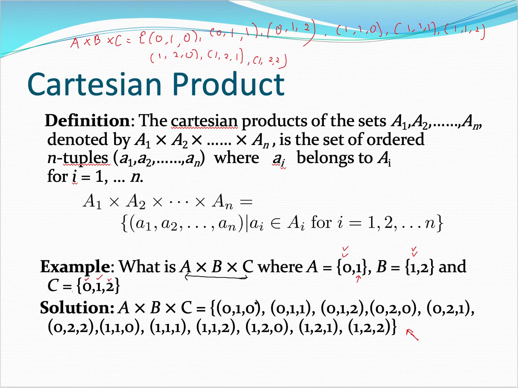For the first tuple, you get 0 from set A, then 1, which is the first element of set B, and then 0, the first element of set C. For the following tuple, the 0 still comes from the first element of A, the 1 comes from the first element of B, and the 1 here comes from the second element of C. Then you repeat the same process until all elements are considered.